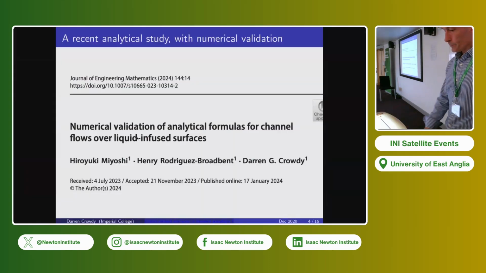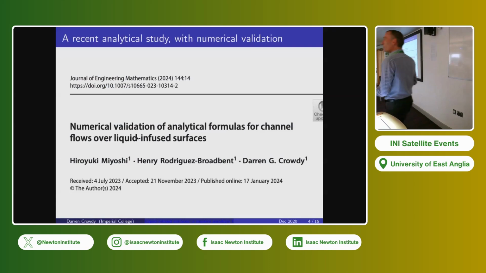Who's heard of the Joukowsky map? When you did complex analysis, did you learn it? Anybody tell me what it is? You might have seen it in a fluids course. That's right, that's where it was first used.